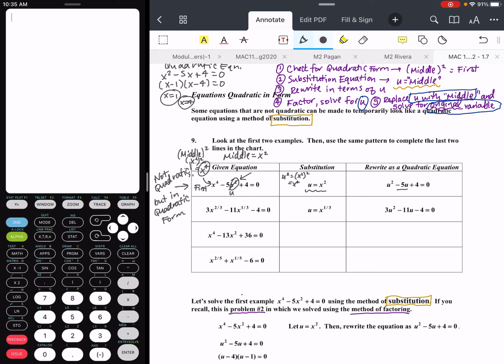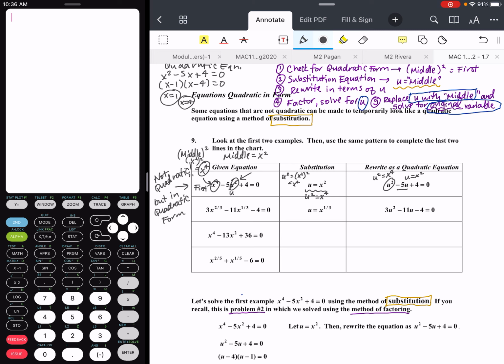So not only does u equal x squared, but u squared equals x to the 4th. So in my original equation, x to the 4th minus 5x squared plus 4, I can rewrite that as u squared minus 5u plus 4. U squared is the same thing as x to the 4th, and u is the same thing as x squared, so I can substitute those in.